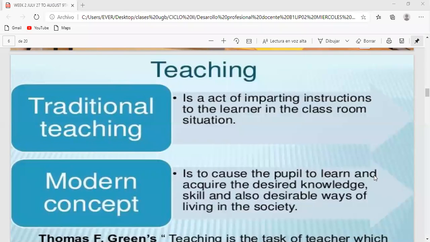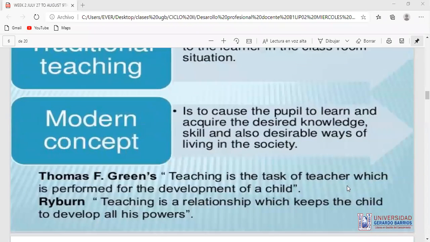Traditional teaching is an act of imparting instructions to the learner in the classroom situation. Modern concept is to cause the pupil to learn and acquire the desired knowledge, skill, and also desirable ways of living in the society.